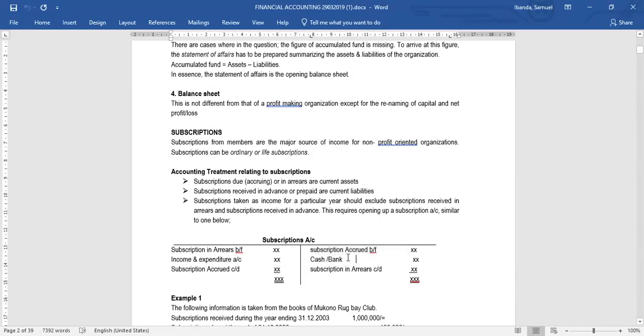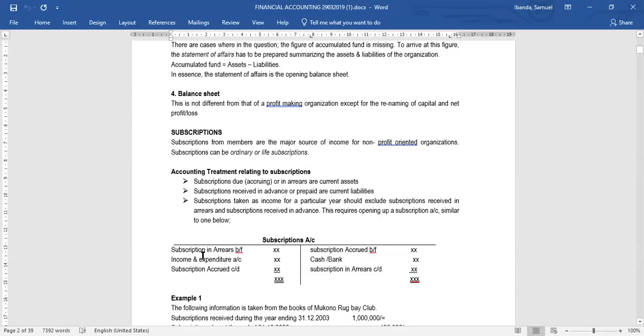In case we have any subscriptions that are contributed, any cash and bank that is received in the period, as we debit our cash and bank or our receipts and payments account for non-for-profit, we now come and credit. Remember, subscriptions have a normal credit balance, so that is why we have this, okay? And then later on, we can balance off, okay?